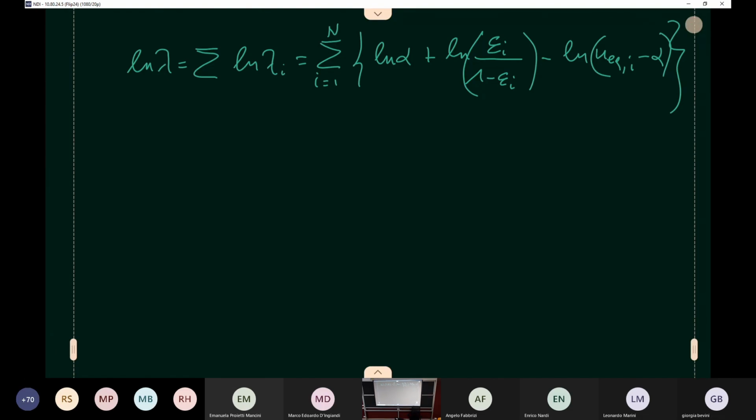So in general, we found a nice expression, but we still don't have the value of alpha.